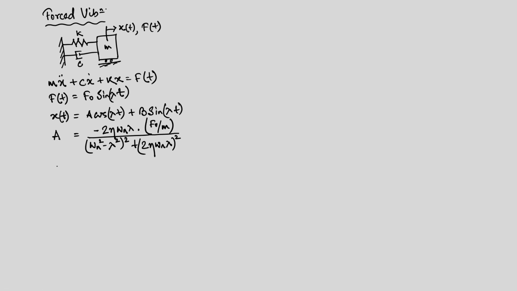Similarly, we have also obtained what is b. B is nothing but omega n square minus lambda square divided by omega n square minus lambda square whole square plus twice eta omega n lambda whole square, and then we have in the numerator f naught by m.